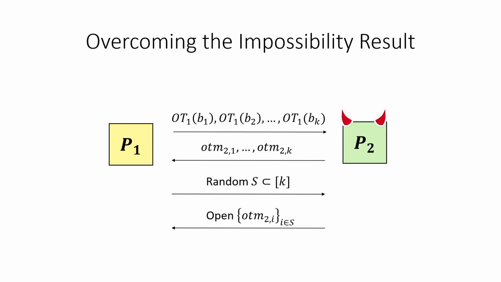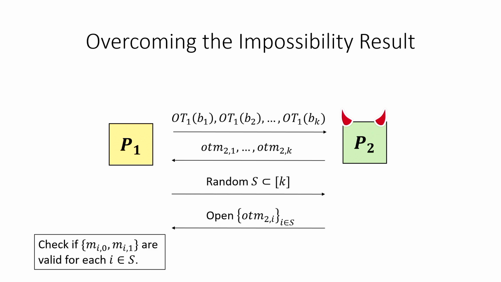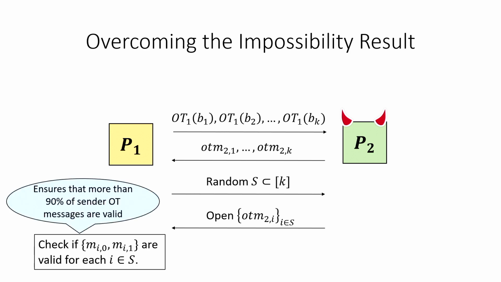Great. Now the receiver checks if all these open executions are valid. And this will ensure that more than 90% of the executions are valid with overwhelming probability.